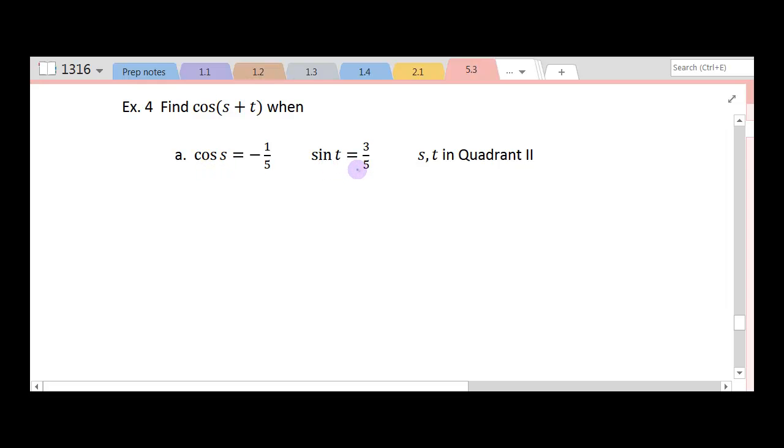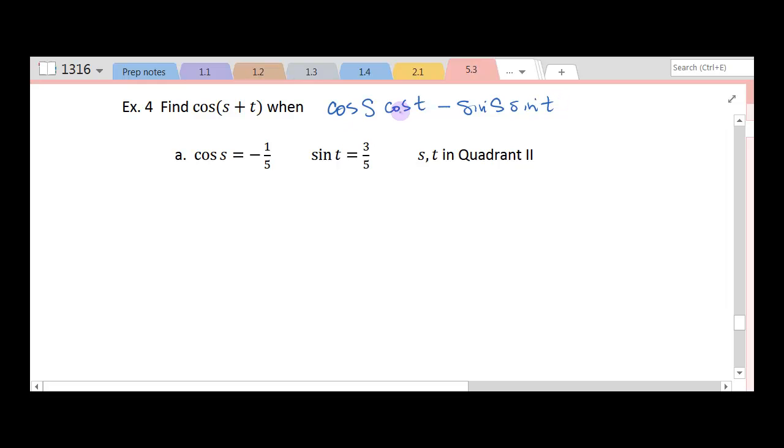So the first thing I want to do is ask, what does the cosine of s plus t expand out to, or what is the sum identity for the cosine? It looks like the cosine of the first times the cosine of the second minus the sine of the first times the sine of the second.